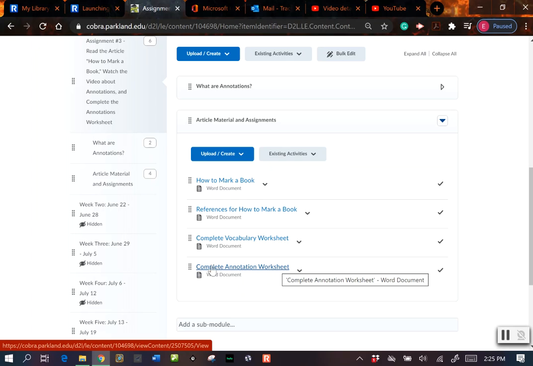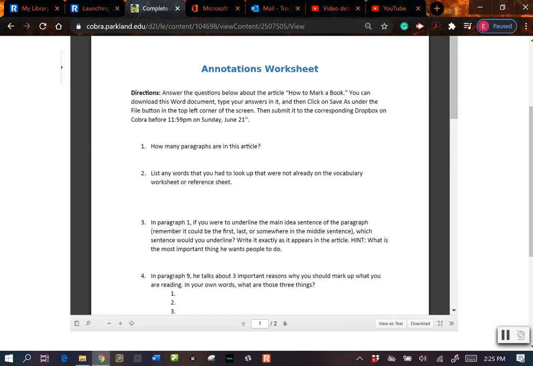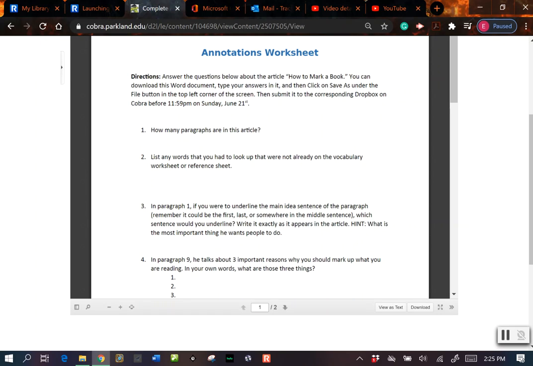And then finally, here is the annotation worksheet that you'll use for this. And so again, it's going to be a little bit different than what I previously showed you earlier. So instead of saying, did you number your paragraphs correctly, I'm asking you how many paragraphs are there. If there were any other words besides those on the vocabulary worksheet and the reference sheet that you had to look up, list those right here.